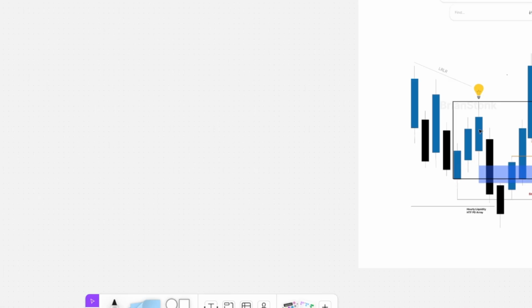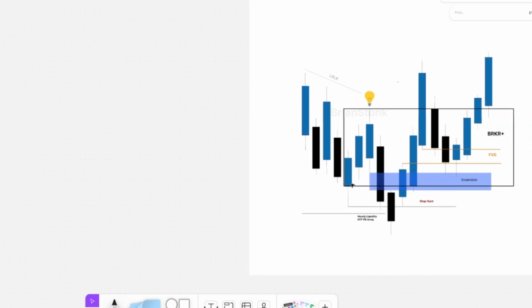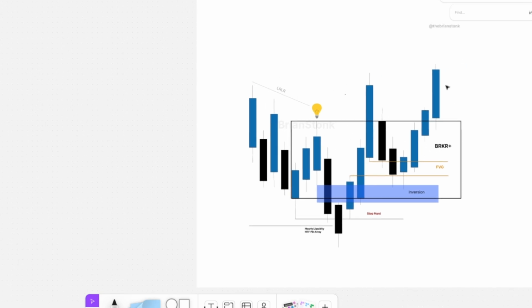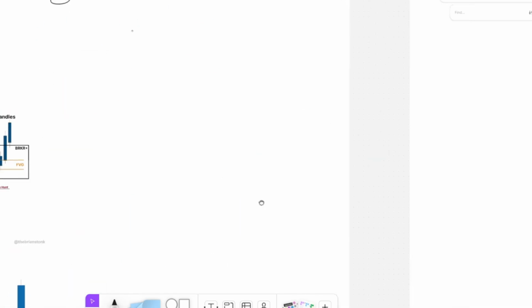This series of up close candles, which is a bullish order block, gets violated and becomes a bullish breaker. And just an example of how I marked it, which is open all the way to wick high. This is a perfect example of a unicorn with a breaker with a fair value gap, which I'm going to go over more in depth once we go to the next topic, which is inversion and BPR.